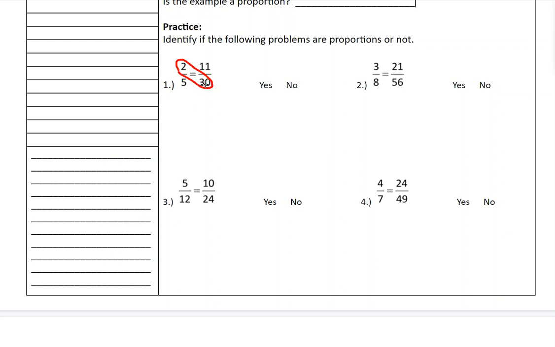2 times 30 is 60. And if I look at the other side, top to bottom, it kind of looks like a little butterfly, doesn't it? 5 times 11 is equal to 55.